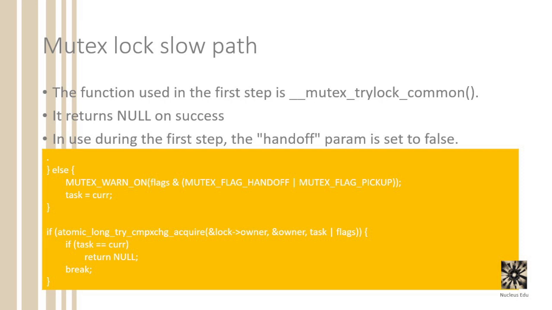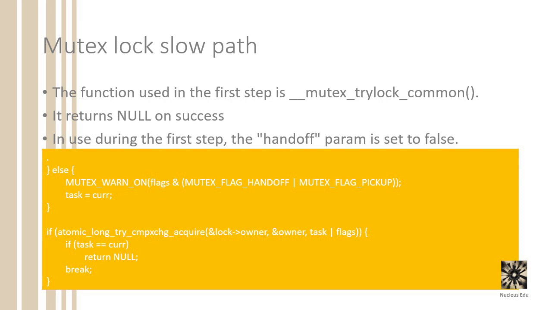Right, looking into this code, we will look into two scenarios. Suppose the mutex is free, so this else that we are seeing here, this branch will get hit if the mutex doesn't have an owner. And the positive and the optimistic case here is that the mutex doesn't have an owner.